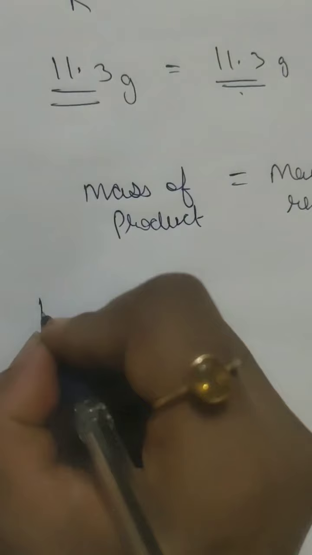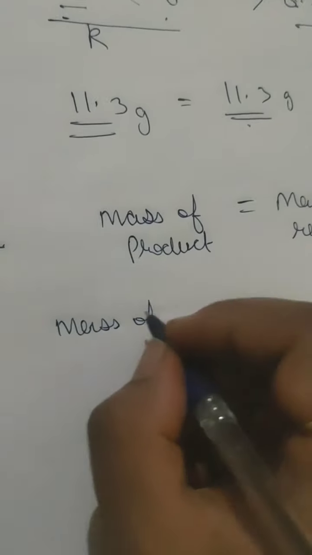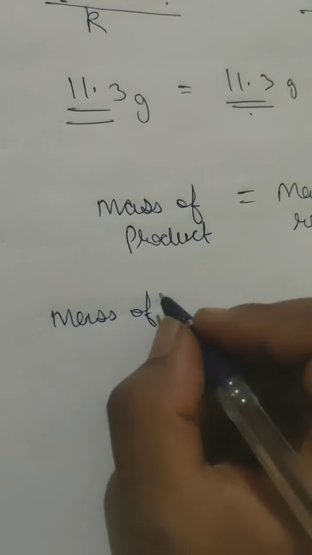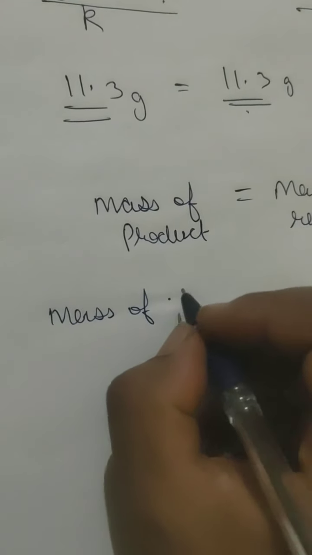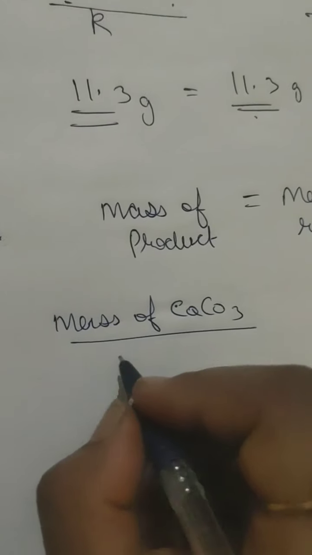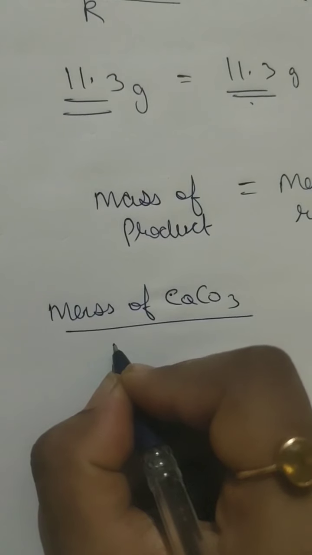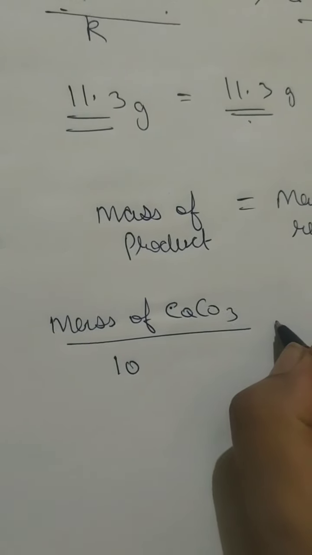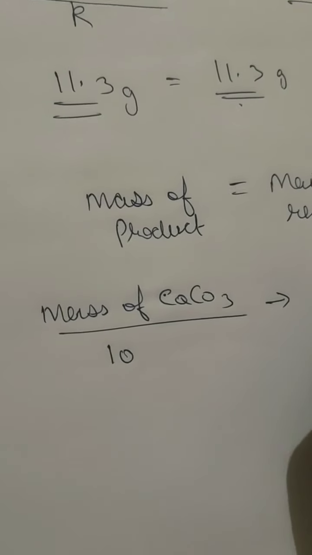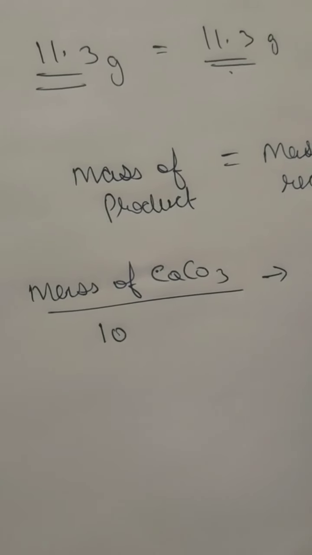So the mass of reactants, CaCO3, is 10 grams, and we get CaO plus CO2.